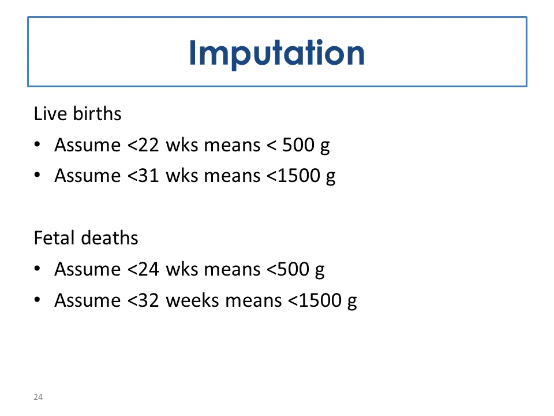If the fetal death was less than 24 weeks, that probably means it was less than 500 grams, and we've learned that would be excluded from PPOR. But if it was less than 32 weeks, that probably means it was less than 1,500 grams. This is what we do when it's more than 5% missing information, and it's a way to avoid biasing your information.